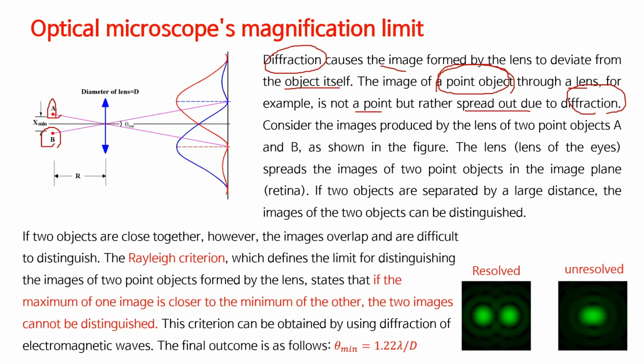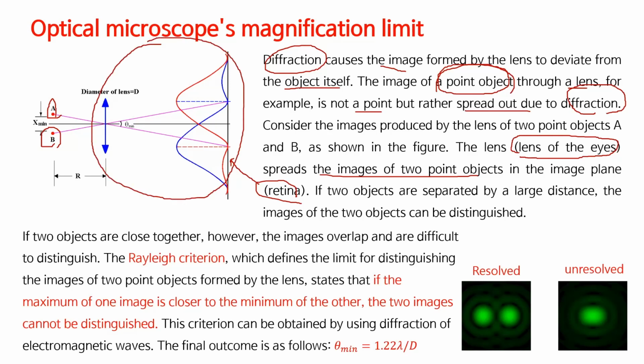The lens, let's say the lens of the eye, spreads the image of two point objects in the image plane. So, the retina here. So you can see this eye, and this lens of the eye and the retina here.